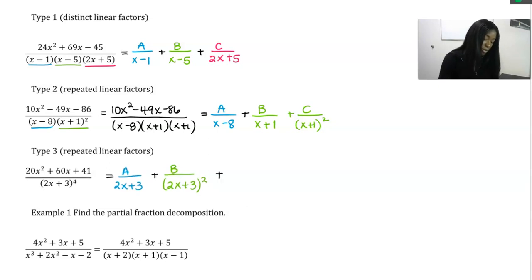It didn't just show up 2 times, so we must have a C over the 2x plus 3 to the third. And it didn't only show up 3 times, it showed up 4 times. So there must be a D over the 2x plus 3 to the fourth.